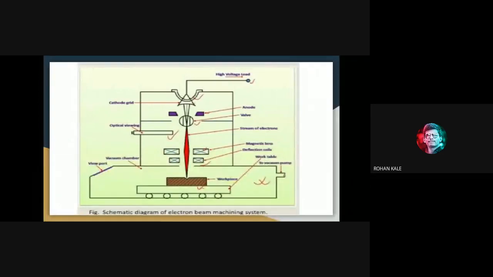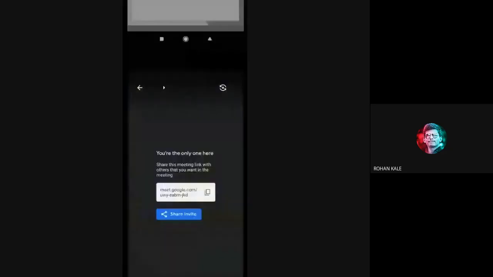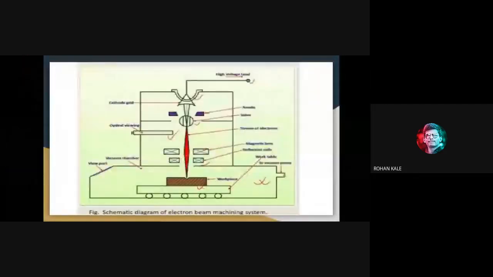Okay, you can see here the cathode grid. In this schematic diagram of the electron beam machine, you can see the cathode grid is there. That is the filament.